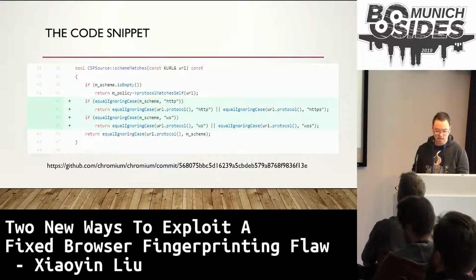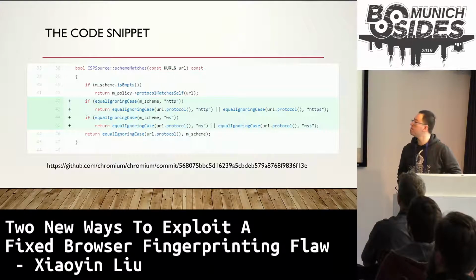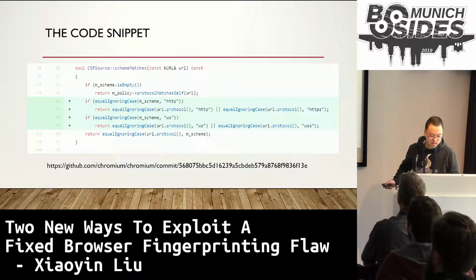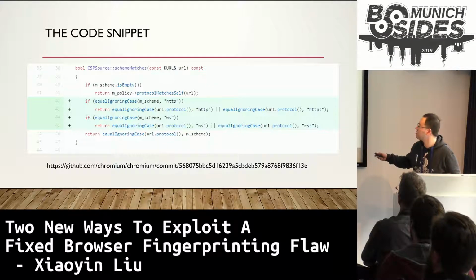Okay, and then here's the code snippet of the patch. You can see that they changed the scheme matching. If the scheme of the CSP is HTTP, then it now matches both HTTP and HTTPS. Similarly, for the WebSocket protocol, WS now matches both WS and WSS.